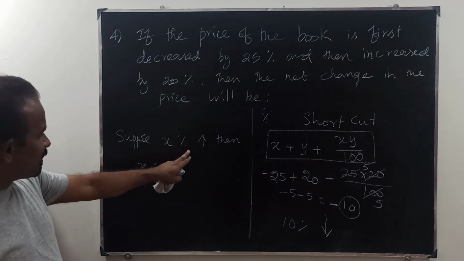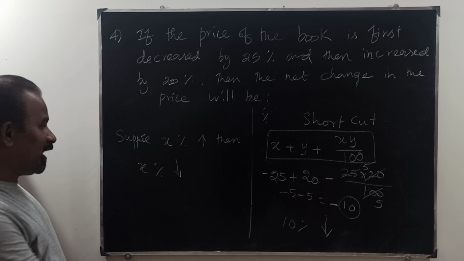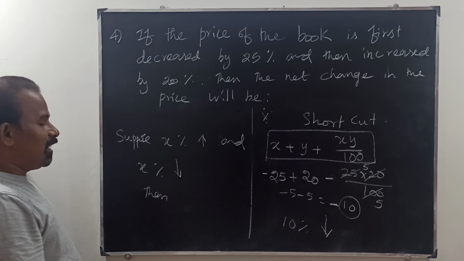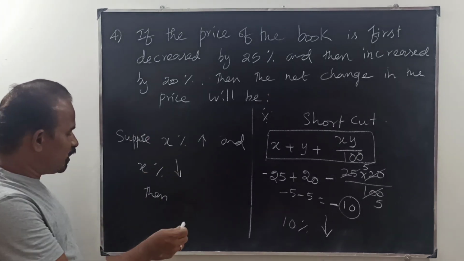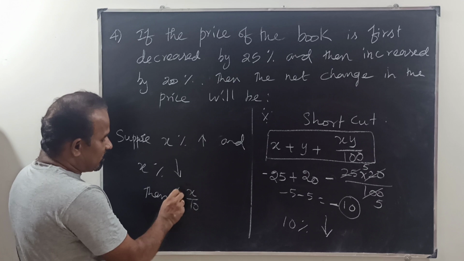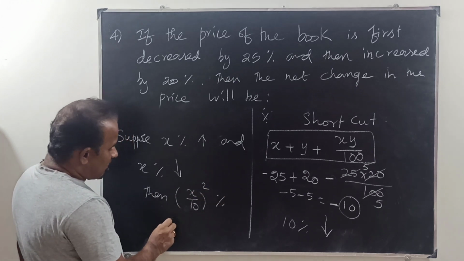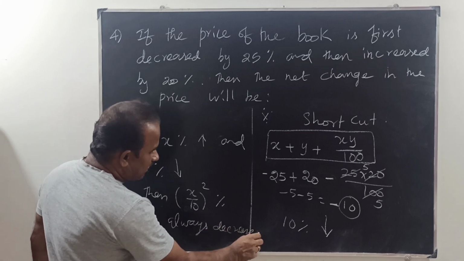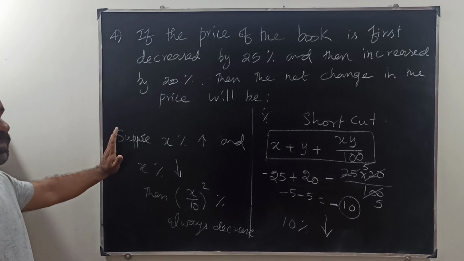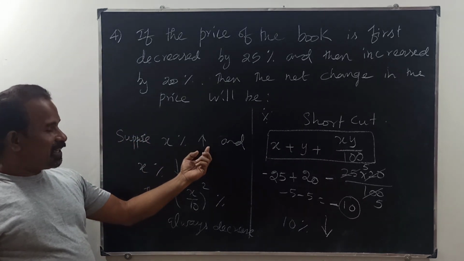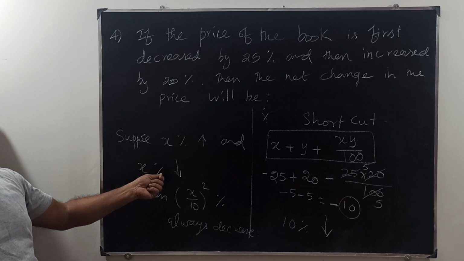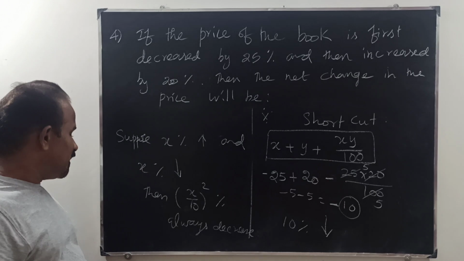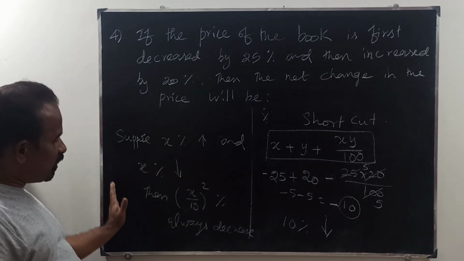Then ultimately x by 10 the whole square percentage is always decrease. That is most important. X% increase, next the X% is decrease, then ultimately x by 10 the whole square percentage is always decrease. This is also one important result.